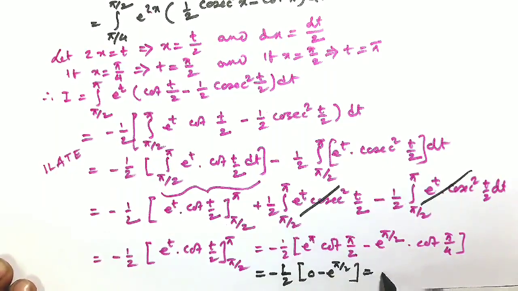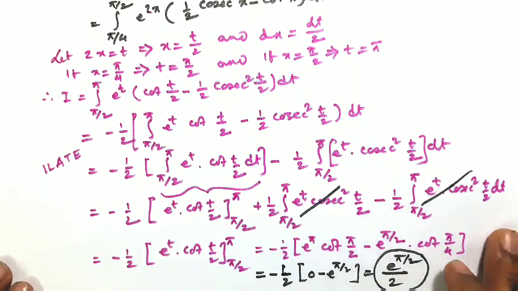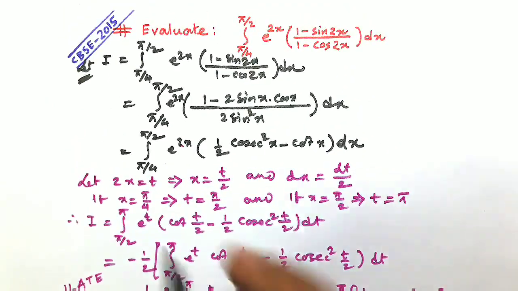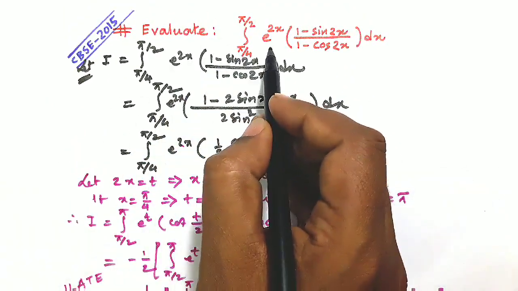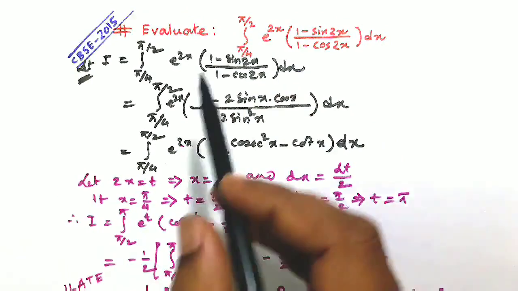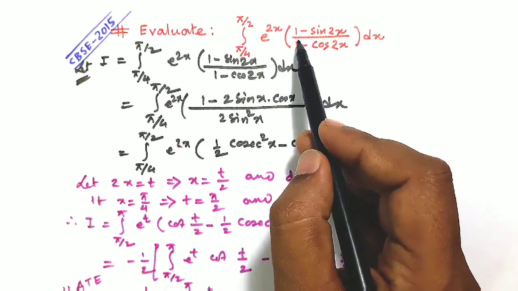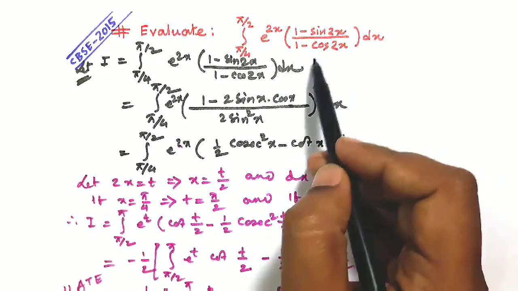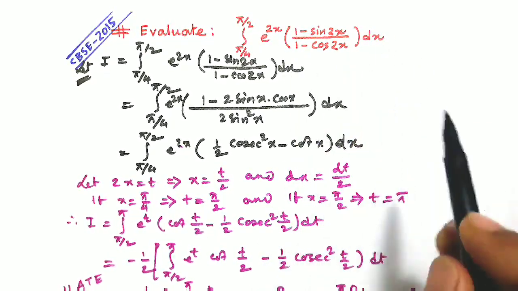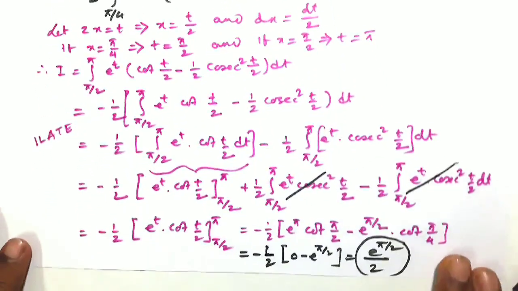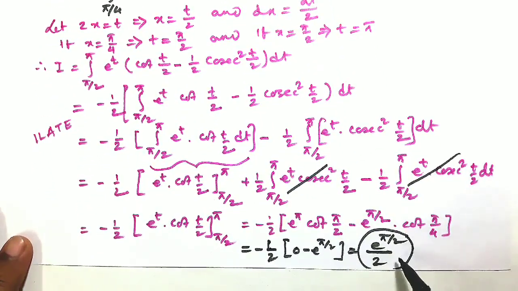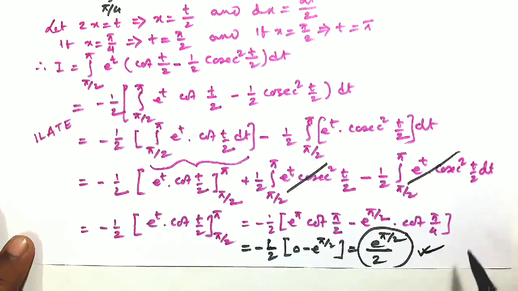So ultimately this is e to the power pi by 2 whole divided by 2. So the result, friends: the integration pi by 4 to pi by 2 e to the power 2x into 1 minus sin 2x whole upon 1 minus cos 2x dx is equal to e to the power pi by 2 whole upon 2.